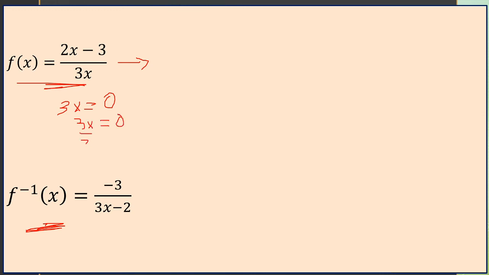Then, divide both sides by 3. Cancelled out. So, x is equals to 0. So, therefore, our domain dito sa original function is equal to x such that x is not equal to 0.